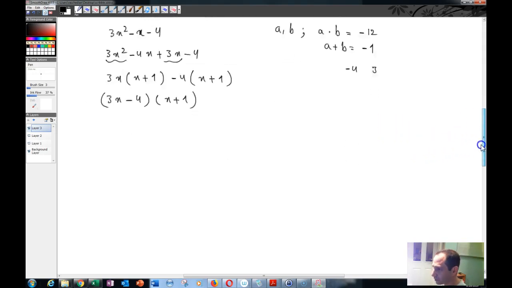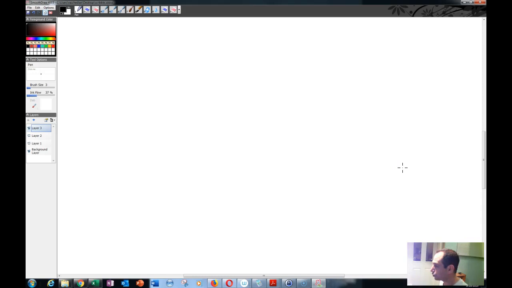Now let's factorize a few cubic polynomials. So let's say that you have x cubed minus 2x squared minus x plus 2, and you want to factorize this polynomial.